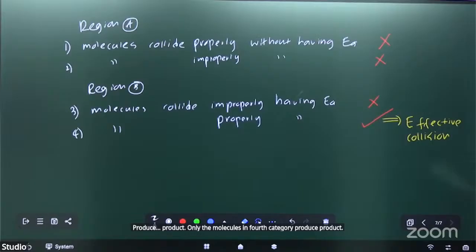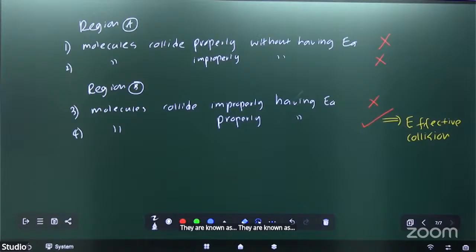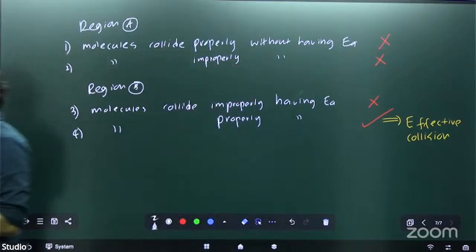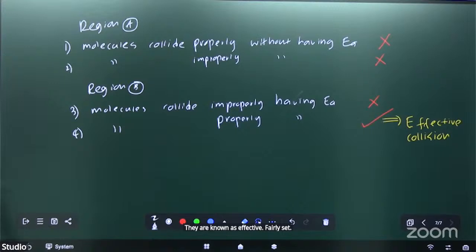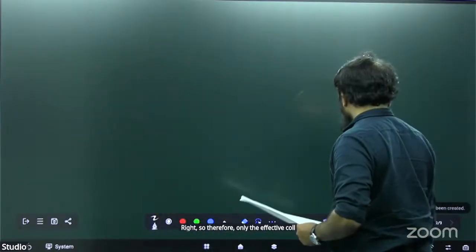They are known as effective collisions. Right. So therefore, only the effective collision produces product.